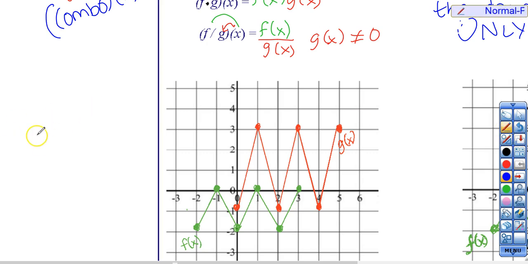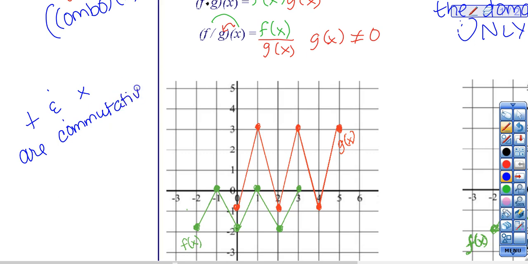Okay, over here, here's what we're going to do. In our first two examples, we're going to do addition and multiplication. And over here, I just want to point out that addition and multiplication are commutative. What does commutative mean? What's a commute?